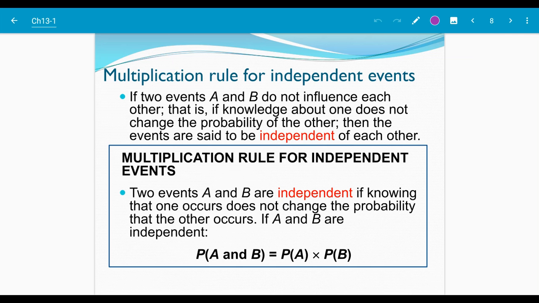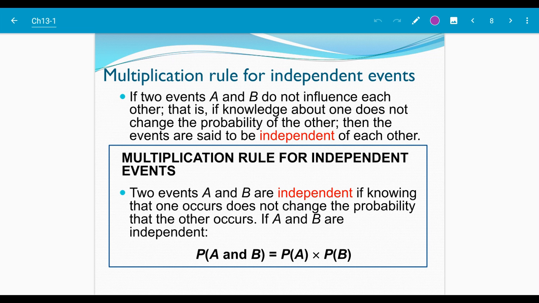Now, independent is one of these words that has 2 different interpretations. One of them is a verbal interpretation, meaning that if 2 events are independent, then they do not influence each other, or knowledge about one does not impact the likelihood or the probability of the other.